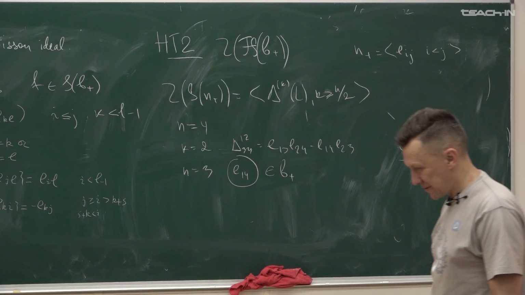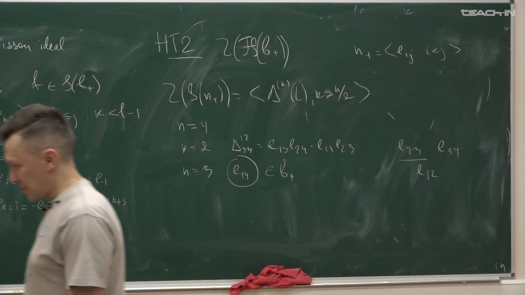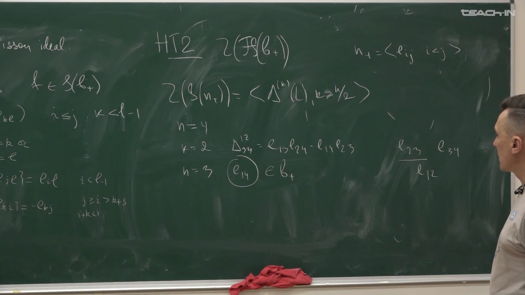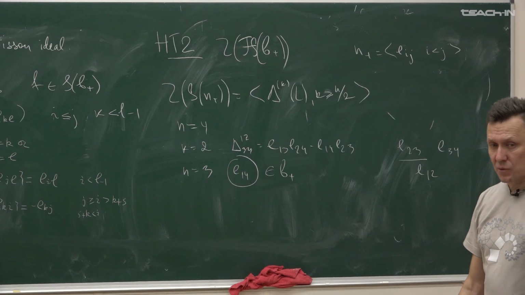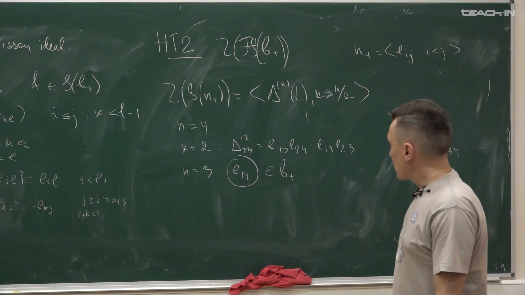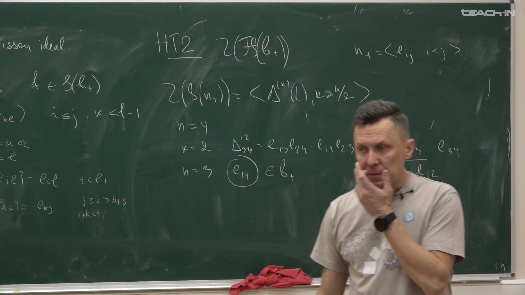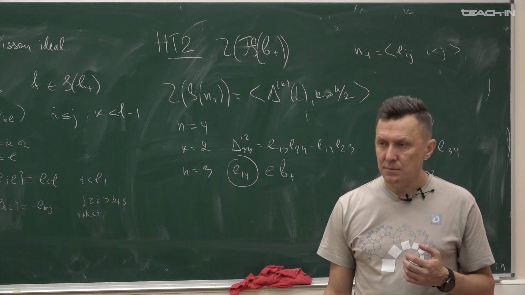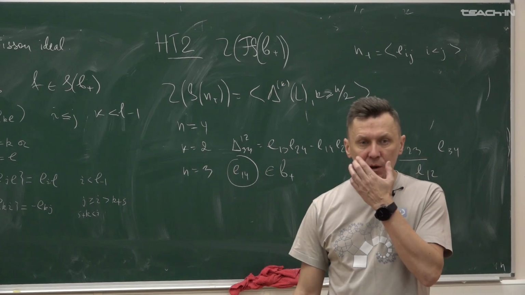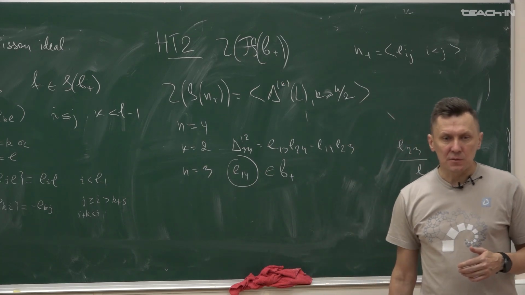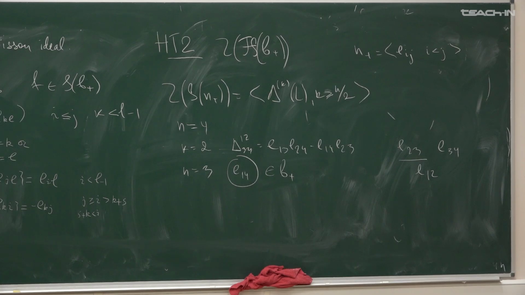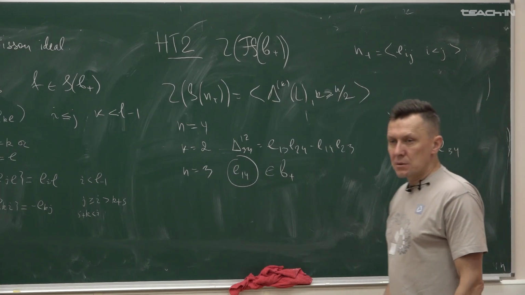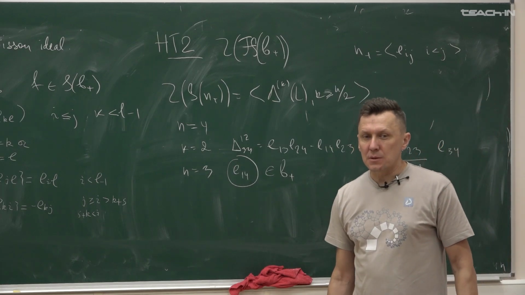Yes, we have considered some ratios. Let us also consider n equal 4. There should be two central elements for n equal 4, central elements for the Borel, in the field of fractions of the Borel.